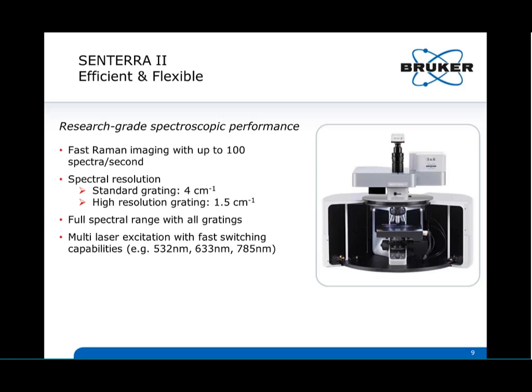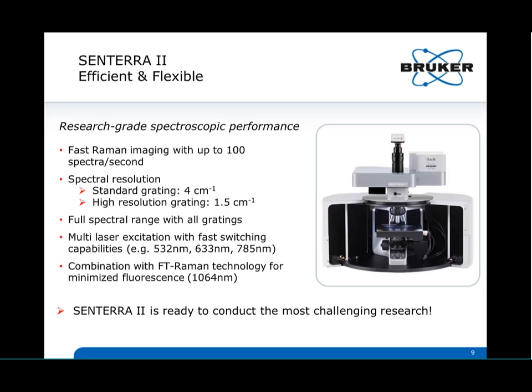The lasers which can be used are three at a time in the dispersive range, so it can be a 532 nanometer laser, 633, and 785. And as a fourth option, by coupling the system to the FT Raman system, 1064 nanometer excitation for fluorescence-free spectra is available. So SENTERRA II is really prepared for challenging research applications.